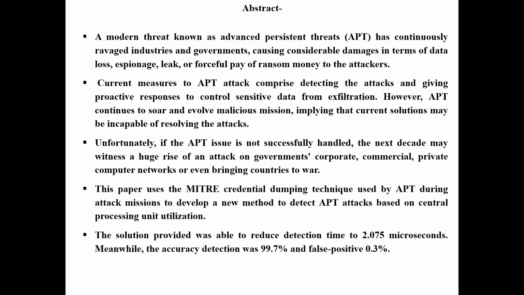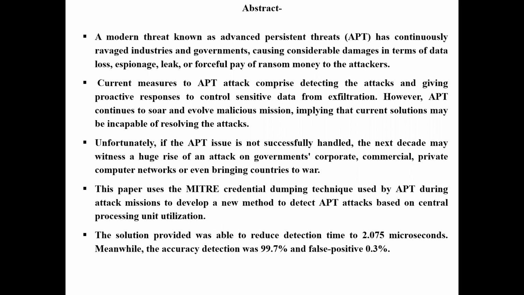However, APT continues to evolve malicious missions, so the current solutions may be incapable of resolving the attack. Unfortunately, if the APT issue is not successfully handled, the next decade may witness a huge risk of APT attacks for governments and private institutions, commercial private computer networks, or even bringing some countries to war.